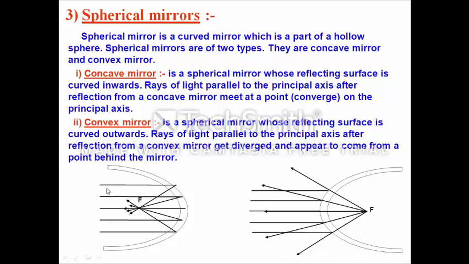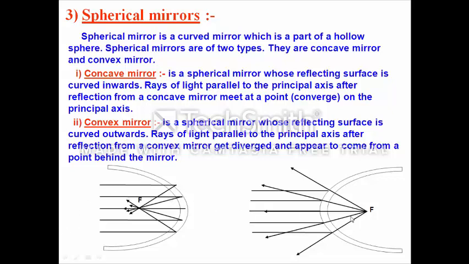All the incident rays coming from the source, after reflection, meet at a point on the principal axis. The concave mirror is also known as a converging mirror, because after reflection all the reflected rays meet at a point on the principal axis.